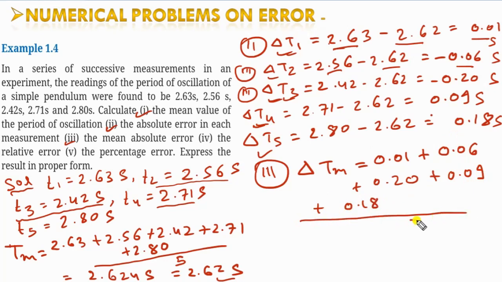Dividing it by 5, we will get the average of all the magnitudes of our absolute errors, which gives us the mean absolute error. Solving it, we get 0.54 upon 5, that is 0.108 second. Now rounding off again up to 2 decimal places, we get 0.11 second.